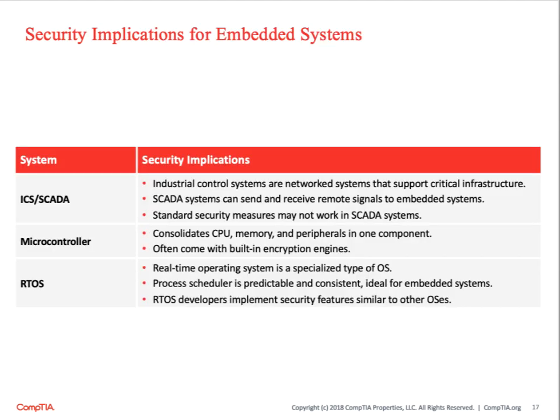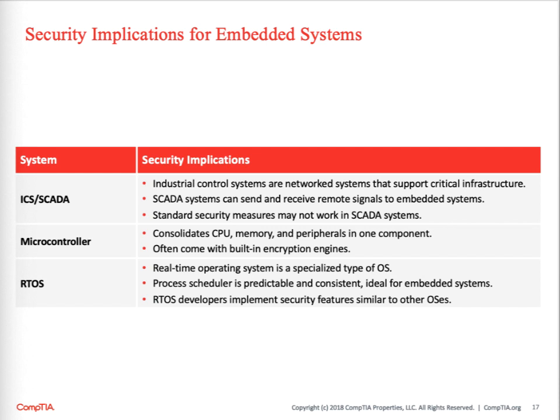Going forward, security implications of these embedded systems are as follows. So, in an ICS/SCADA system, ICS is going to be an industrial control system, and these are network systems that control critical infrastructure. So think about our utilities, right?